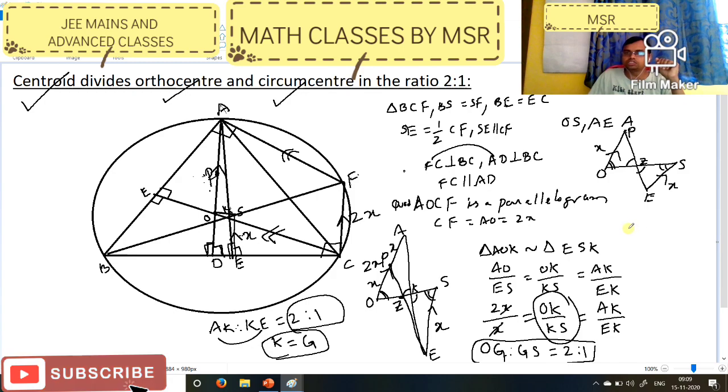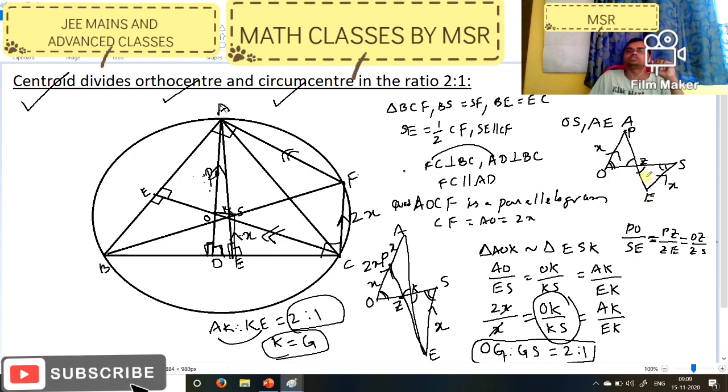Ratio of the corresponding sides, you write PO by SE, next PZ by ZE, which is equal to OZ by ZS.